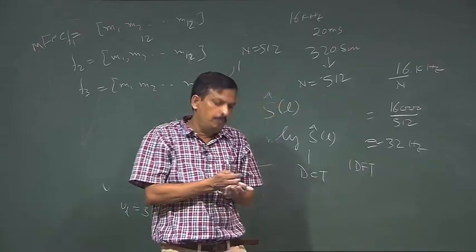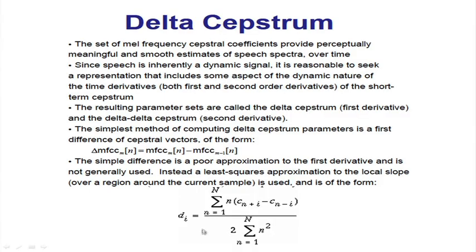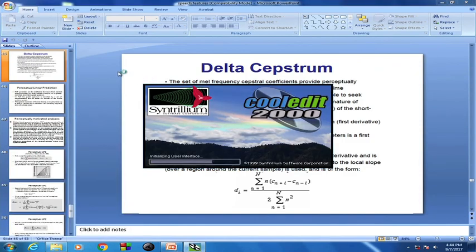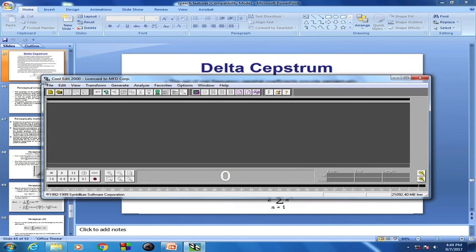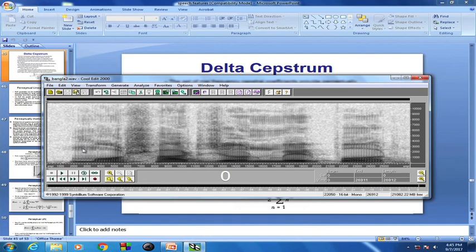Now, if you see the spectrogram of this signal, look at this cursor, this is the second formant.